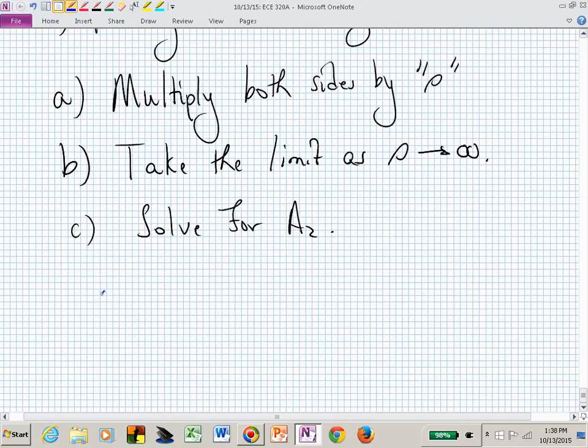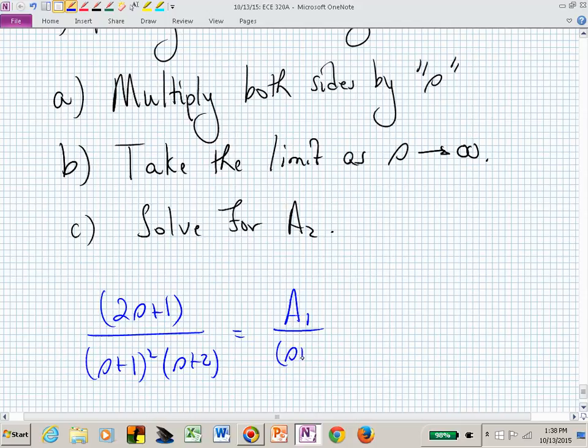I started with 2s plus 1 over s plus 1 squared s plus 2, and that was equal to a sub 1 over s plus 1 squared plus a sub 2 over s plus 1 plus a sub 3 over s plus 2.